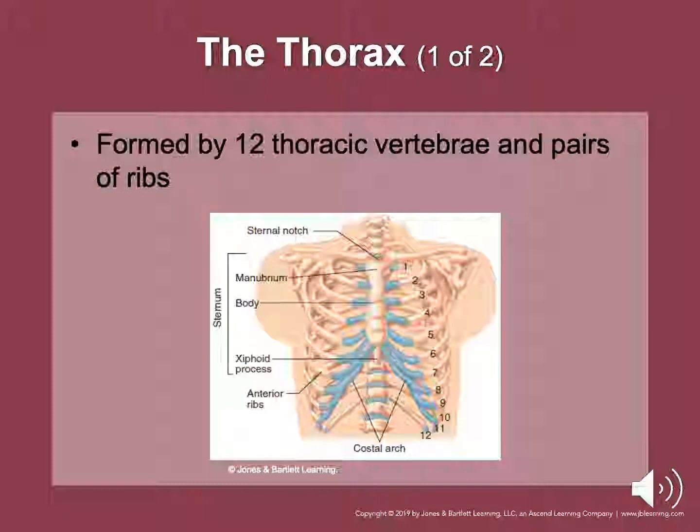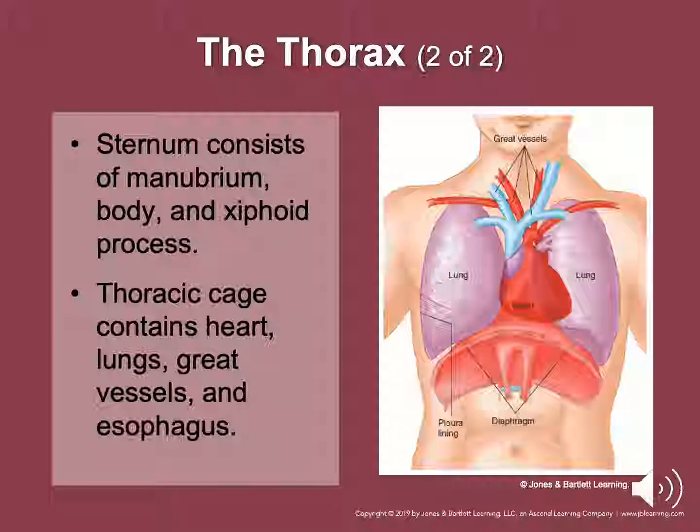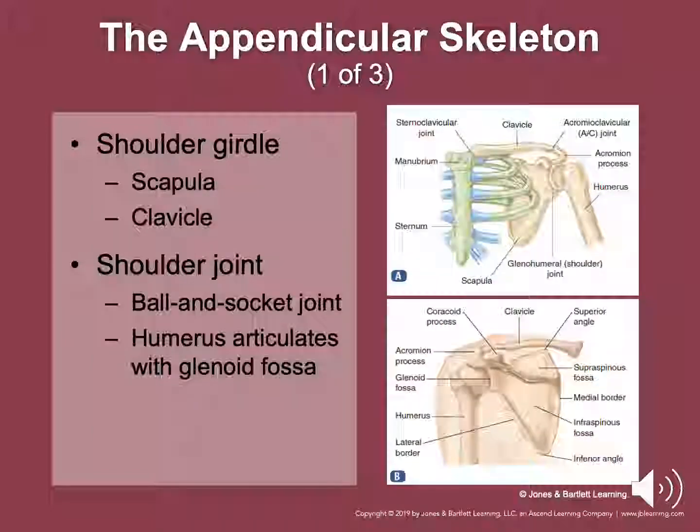The appendicular skeleton includes the shoulder girdle. You have the scapula and the clavicle area. The shoulder girdle attaches the upper extremity to the body at the joint. The two major components of the girdle are the scapula and clavicle, and the raised tip of the scapula is called the acromion process.